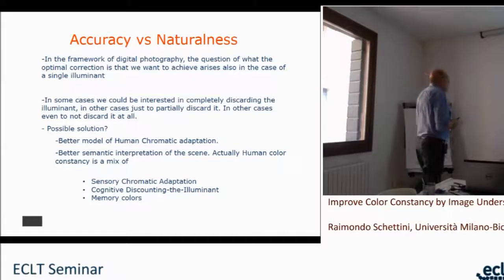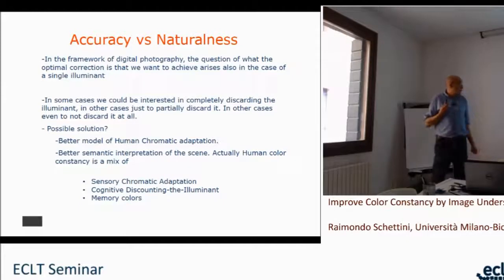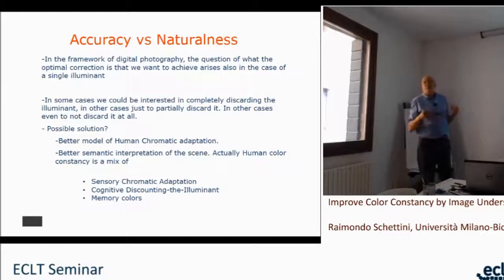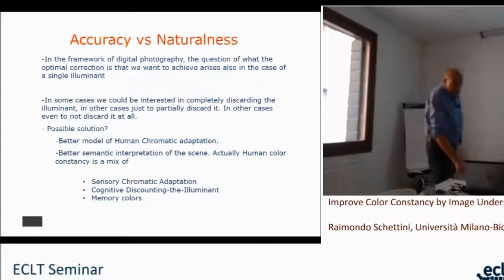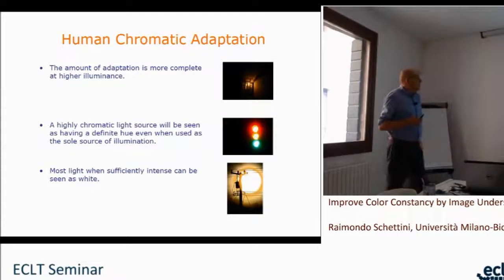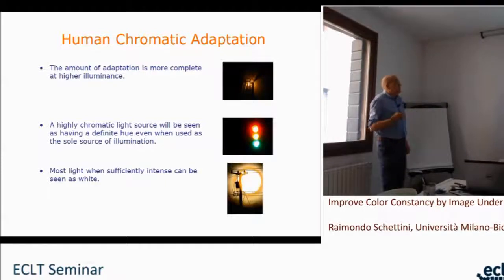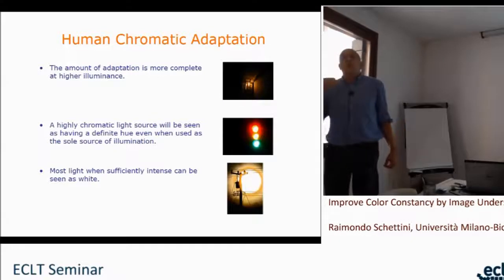To do that, possible solutions are a better model of chromatic adaptation, a better interpretation of the semantic clues we have on the scene. So I think that the next generation should take into account that the degree of chromatic adaptation is also related to the quantity of light.